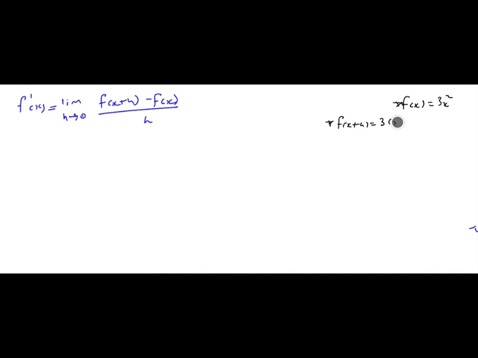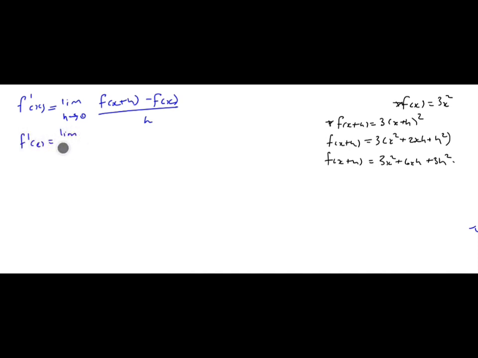So instead of x squared, I'm going to have x plus h squared. And I just continue that until it's simplified. I come back here and I maintain everything till I get to my solution.